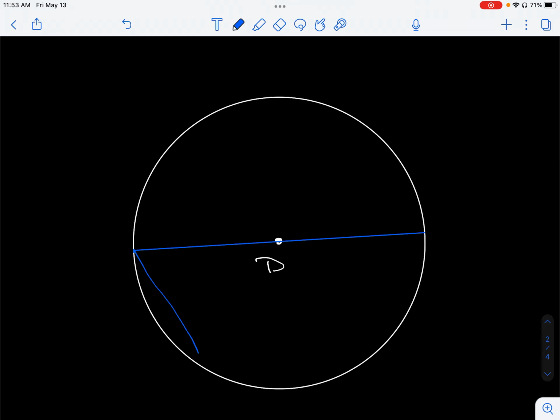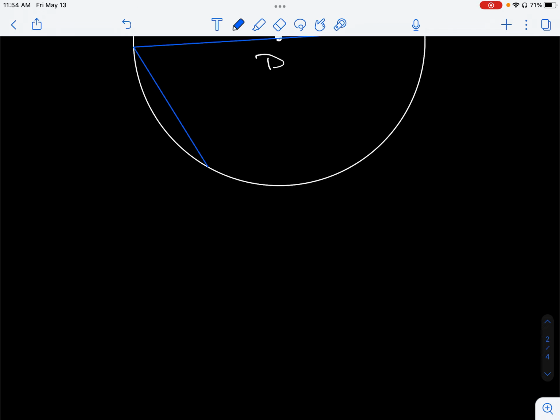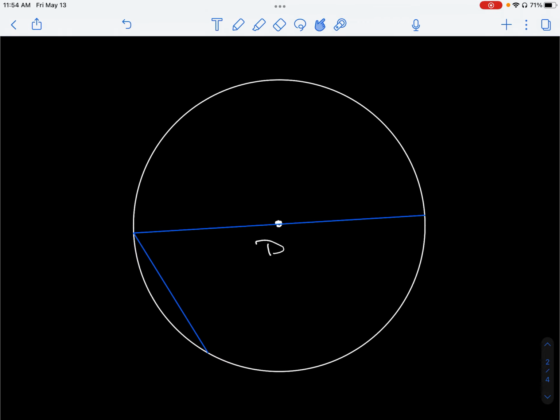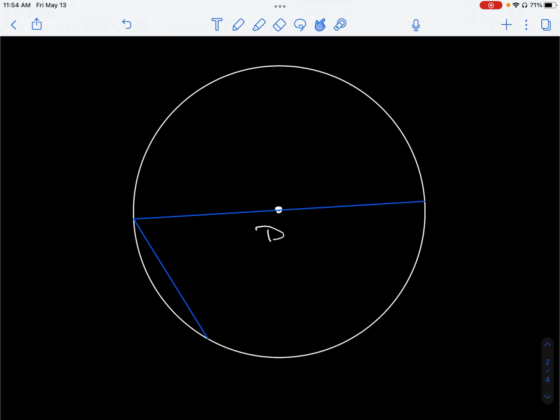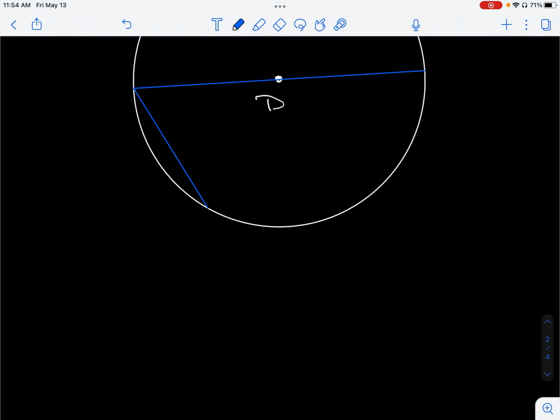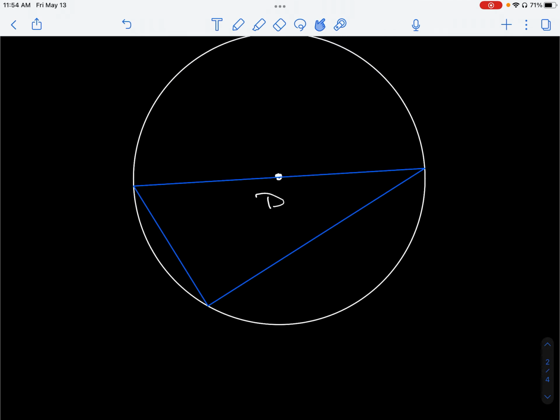And conversely, if we have a triangle inscribed which includes a diameter, then it has to be a right triangle.